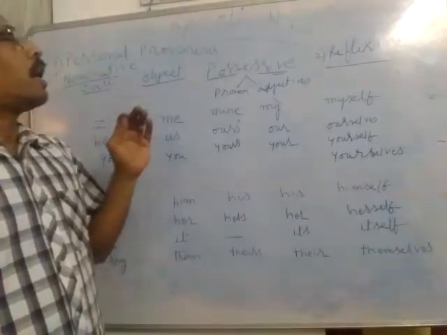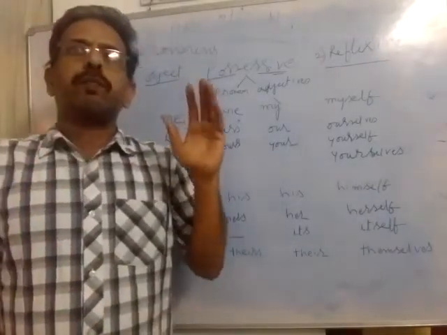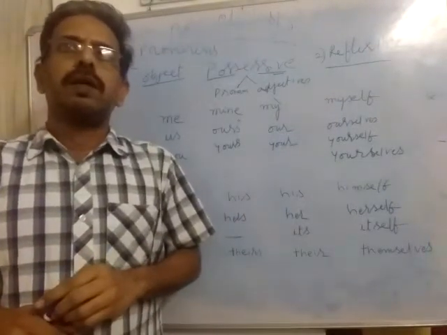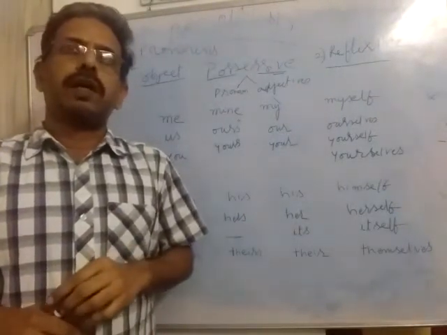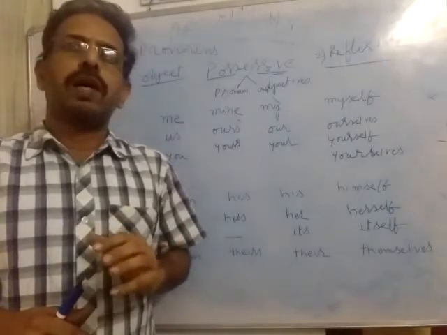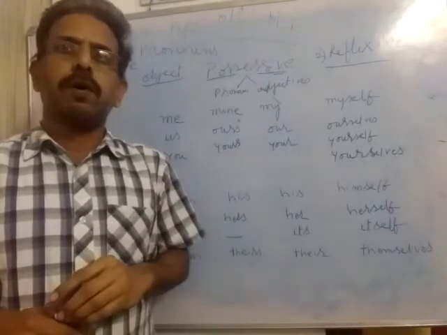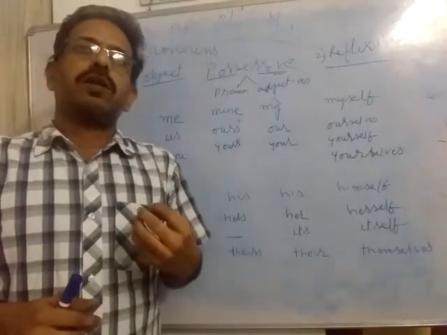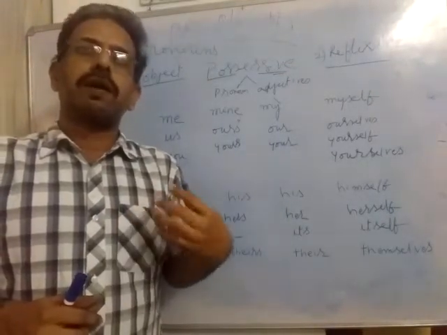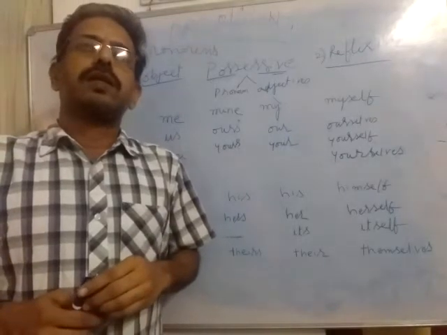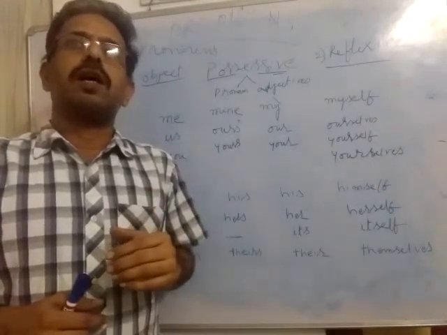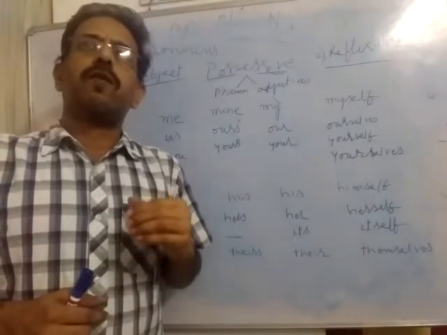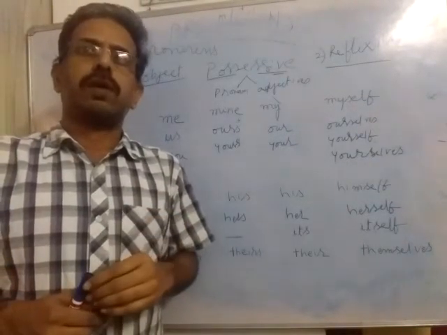Okay, so let me tell you one thing here. I'm not going to cover all the parts of speech in English, but out of the 8 parts of speech in English, I'm going to cover a few of them, probably 4 or 5 parts. The last 2 parts, conjunctions and interjections, will be covered in the latter classes, because conjunctions can only be understood if you are framing sentences, if you are talking.